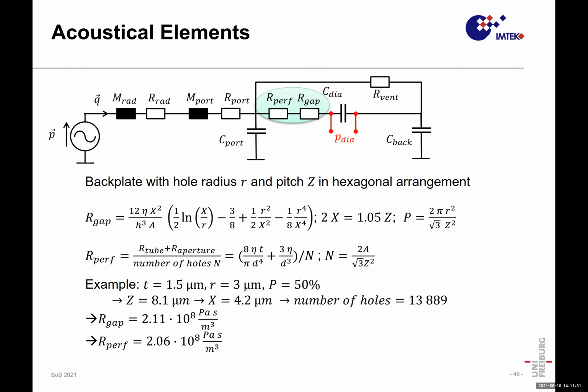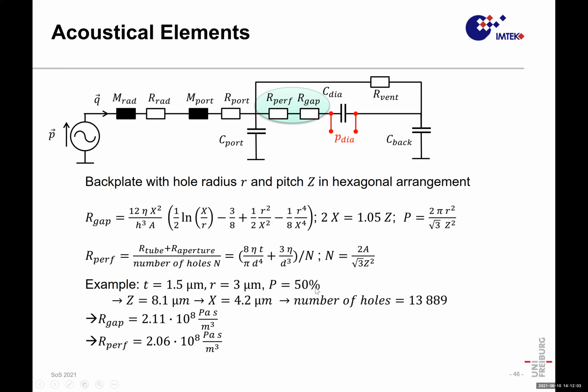So we have the diaphragm, the back volume. Now we check our perforation situations, and these are the equations from Spohr, which we simply calculate in here for the gap, so the squeezing, and the perforation through the holes. I have here this example of thickness of the backplate, 1.5 micrometer. Radius of the holes is 3 micrometer, and it is already 50% perforation.